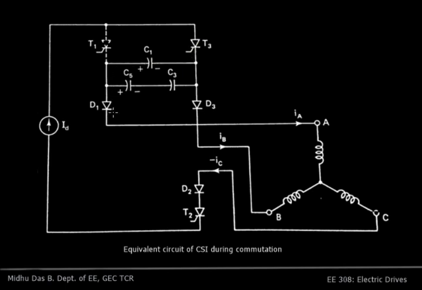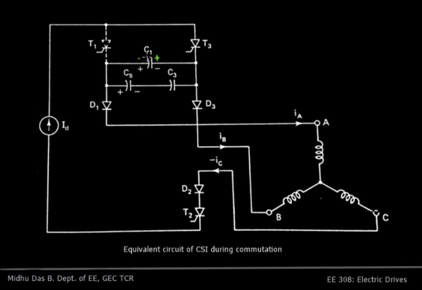Here, the initial conduction is through the diode D1. The current is flowing through diode D1. When will this diode stop conduction and the current get transferred to D3? That will happen after this capacitor gets charged with this polarity through T3. The time required to charge this capacitor will determine the duration for which D1 will continue its conduction.